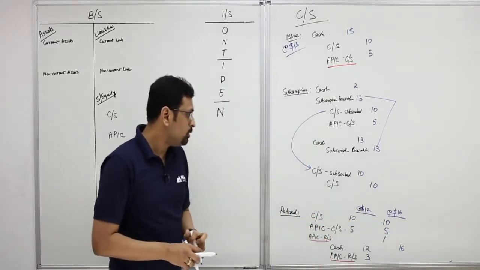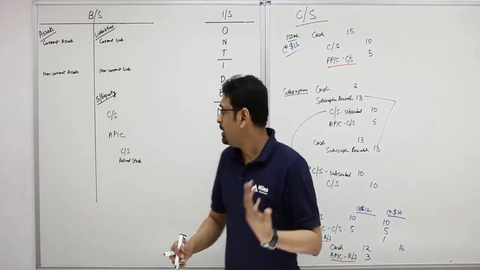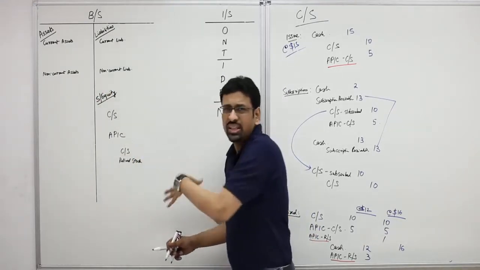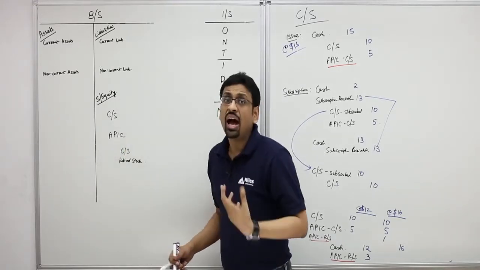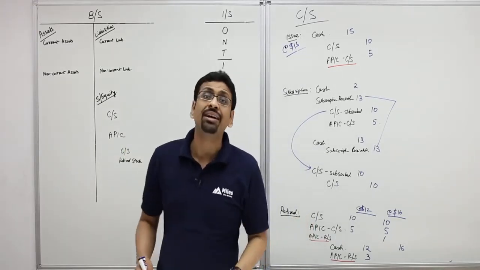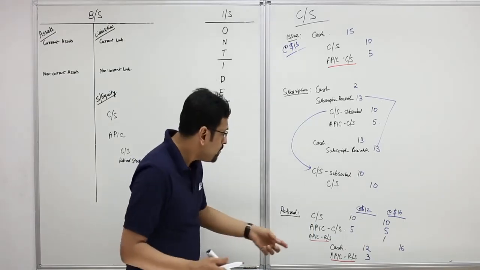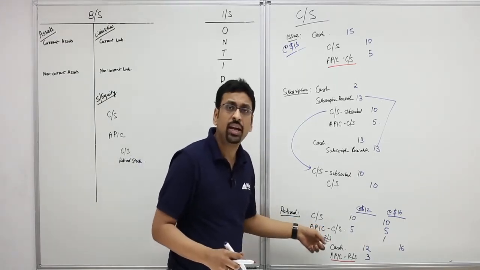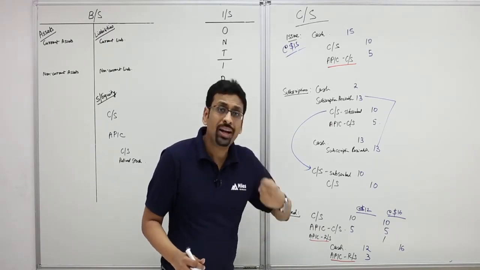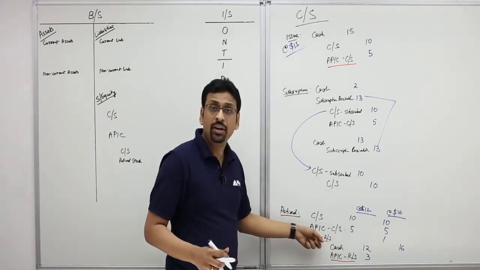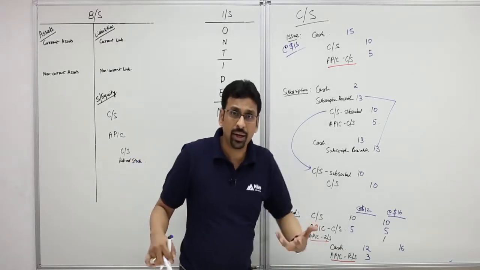Now, one thing that you need to remember is APIC, additional paid in capital. All the stockholders' equity accounts, they are credit accounts. For APIC, they can only have a credit balance. They cannot have a debit balance. Now, in this case, you're giving APIC retired stock a debit balance. That's okay if there is already some credit balance in there, APIC retired stock, and now we are debiting it.